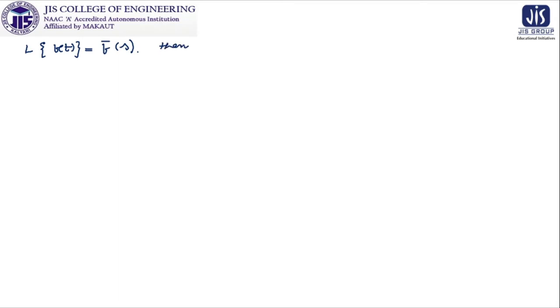Then the property tells us about the Laplace transform of 1 by t into f(t), that means f(t) divided by t. Suppose f(t) is sin t, what will be the Laplace transform of sin t by t? If f(t) is e to the power at, then what will be the Laplace transform of e to the power at by t, and so on. So this process we are going to deal with.